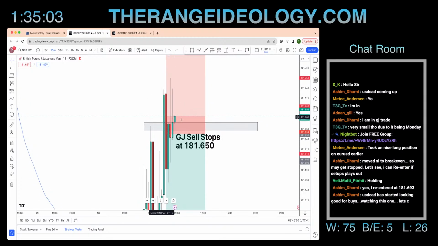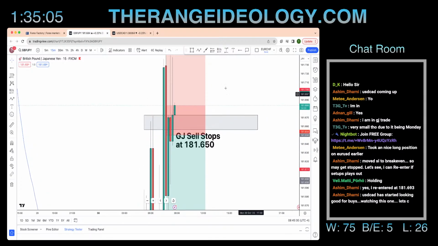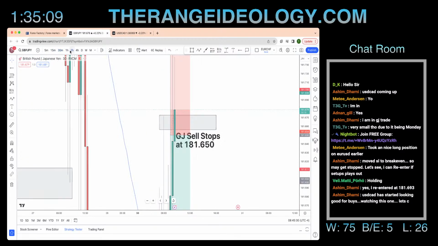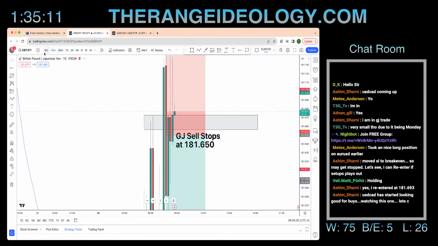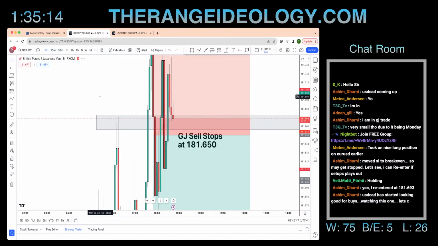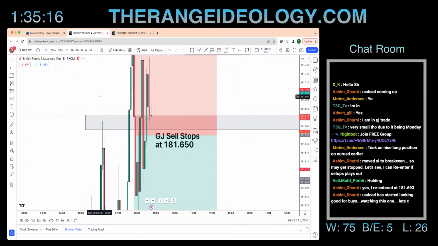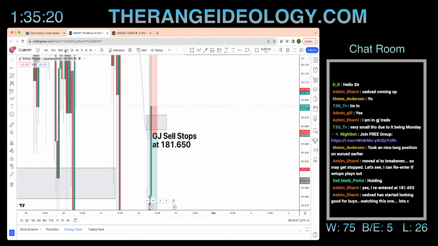Oh, look at GJ again. Okay, GJ is making that bearish push. Let's see. Can it make a strong one?